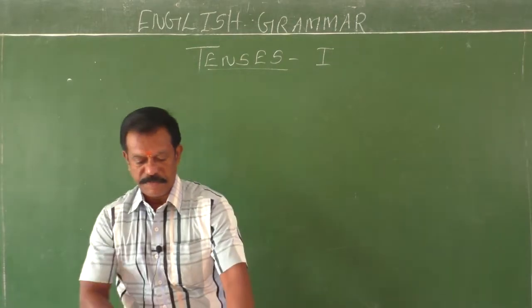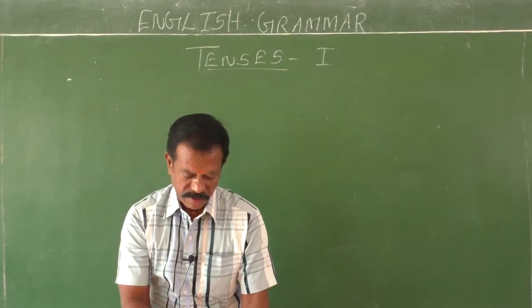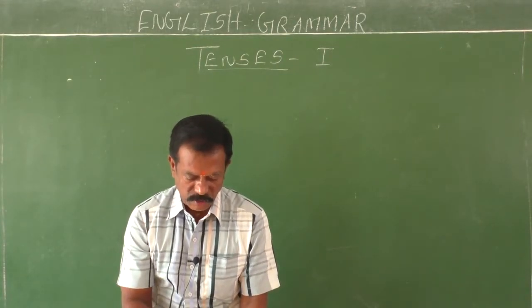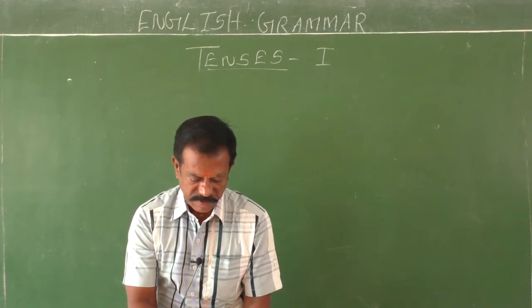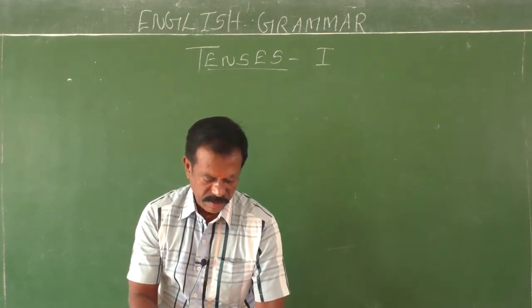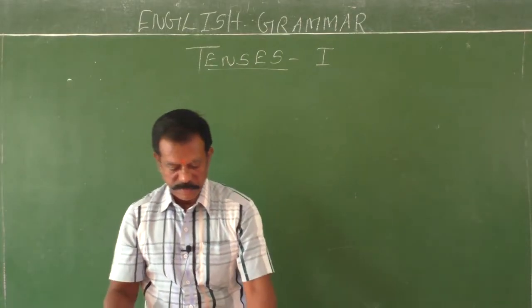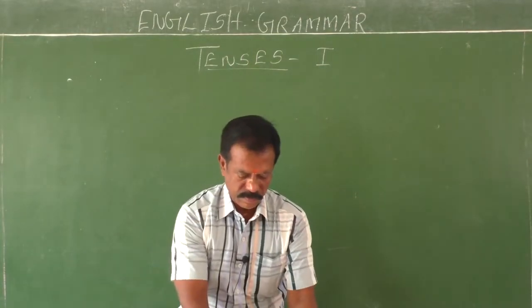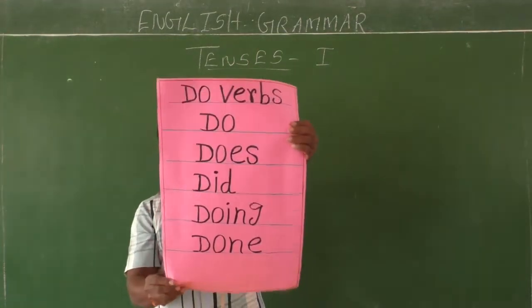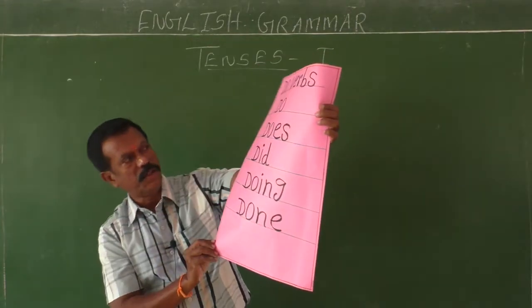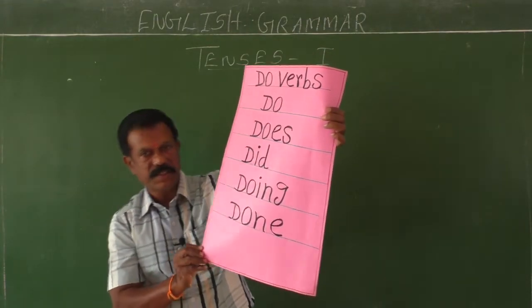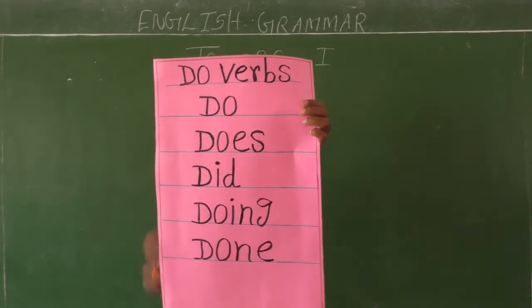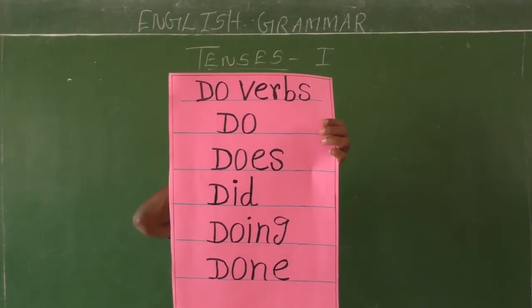Then you can easily understand. Without any confusion, you can understand these things well. See, do verbs. Chart for do verbs. See, do, does, did, doing and done. Different forms of do verbs.